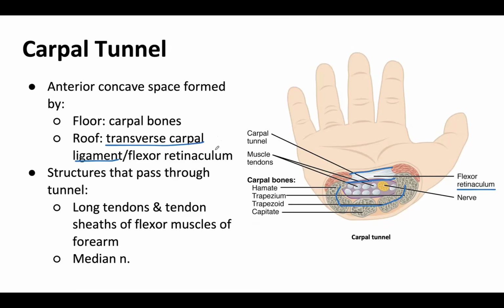What's really important here is what traverses the region, and it is packed in there. These structures fill up almost all the space. The majority of what is located in there are long tendons of the flexors, which have their muscle bellies in the forearm, but their distal attachments are on bones in the hand.